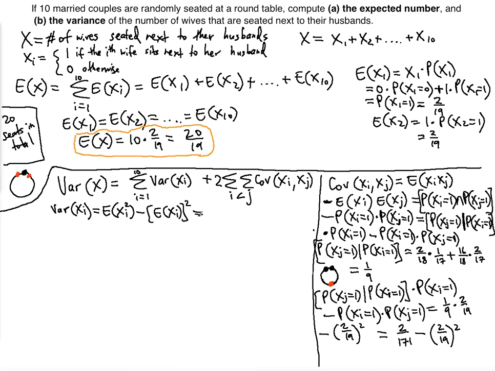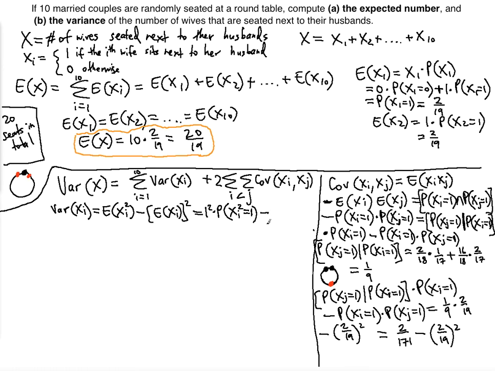So basically what it means is that now again, we're going to only note when xi is equal to 1. So 1 squared times the probability that xi squared is equal to 1, right?